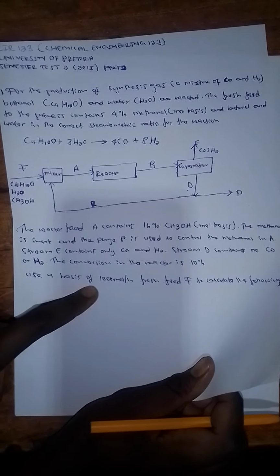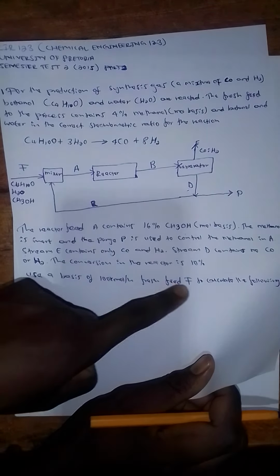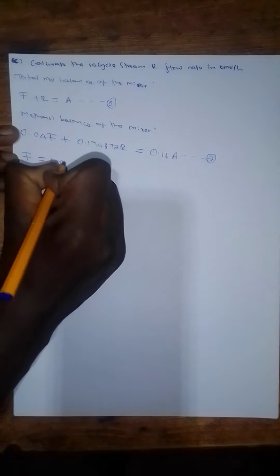So we have two equations, but three unknowns. But we are told that you need to use a basis of 100 kilomole per hour fresh feed F to calculate the following, which are the questions A and B and now C. So for our third equation, F, the fresh feed stream, equals 100 kilomole per hour.